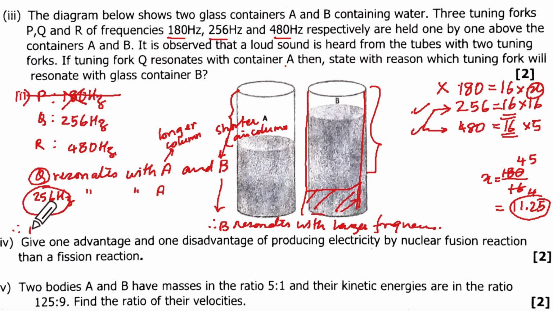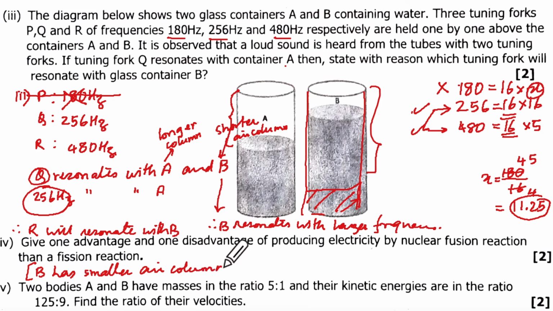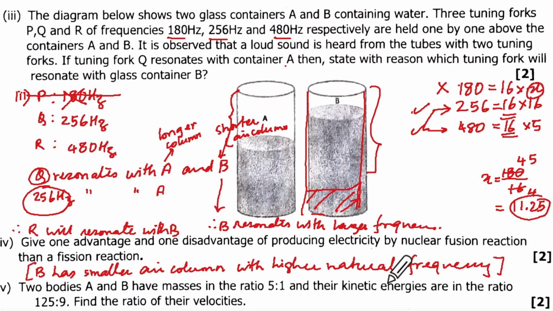So you will say, therefore, R will resonate with B, since B has a smaller air column with higher natural frequency.